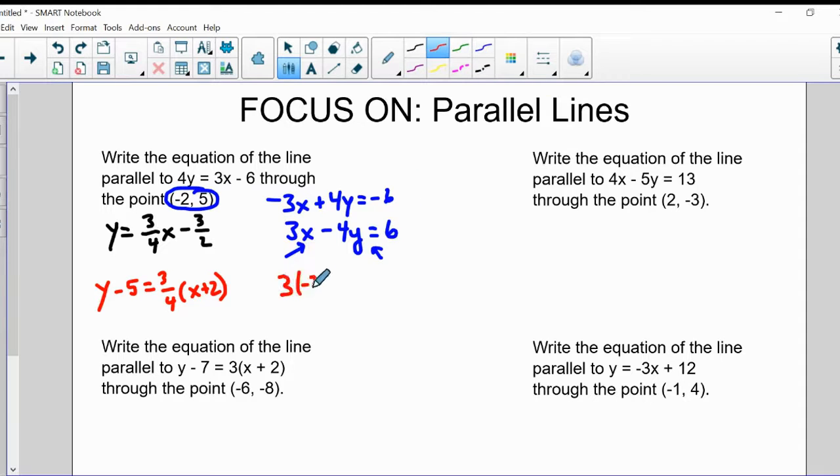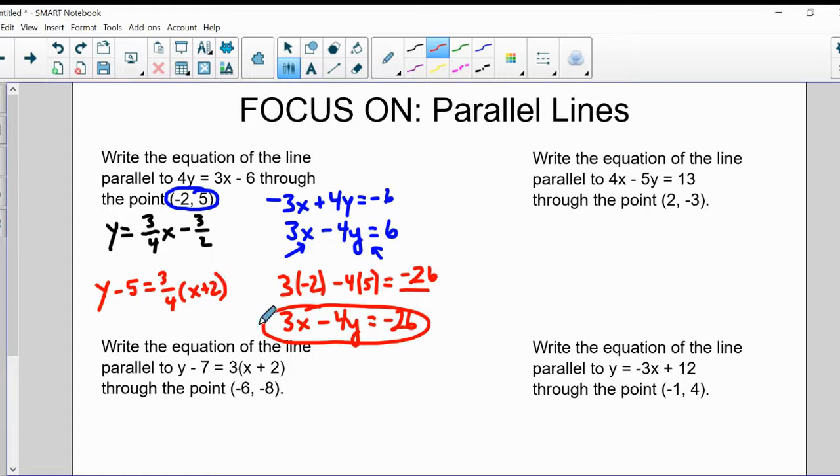So 3 times negative 2 minus 4 times 5 equals some number. That's negative 6 minus 20, so negative 26. So the answer is 3x minus 4y equals negative 26. And you'll notice that if I manipulated this point slope equation, I would end up with 3x minus 4y equals negative 26.